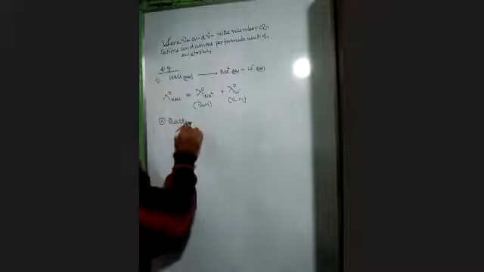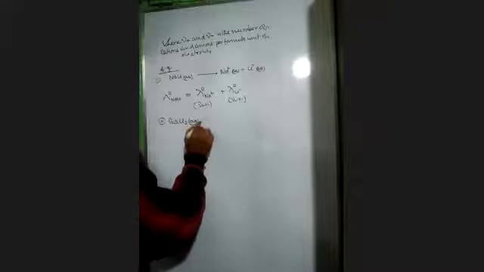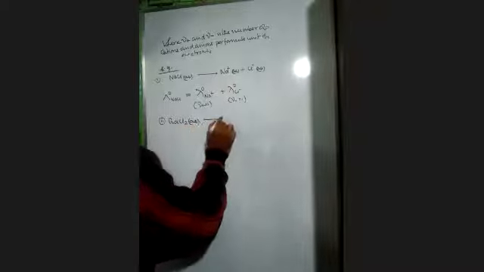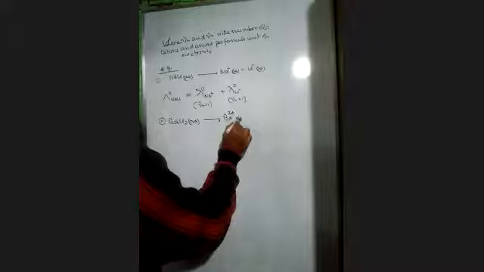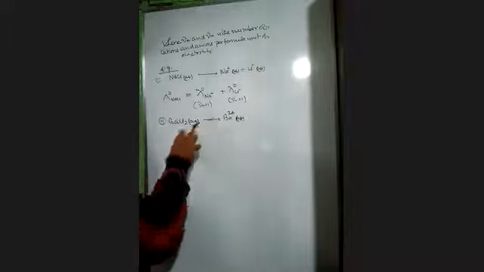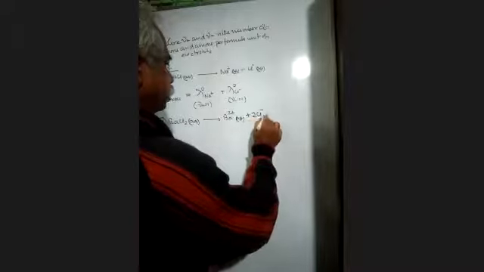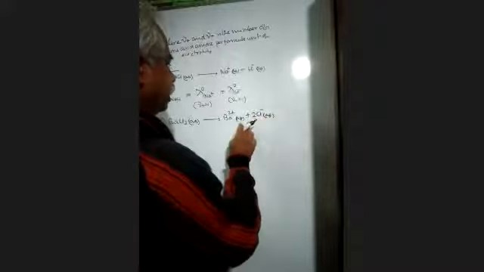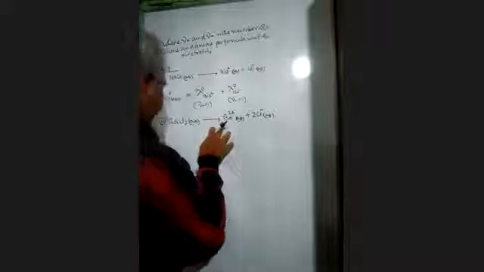I have gone now for barium chloride. Okay. So barium chloride, when it will dissociate, gives Ba2 plus aqueous and 2 Cl minus. See, I'm not putting a reversible sign because it is a strong electrolyte. See here, nu minus is 2, nu plus is 1.